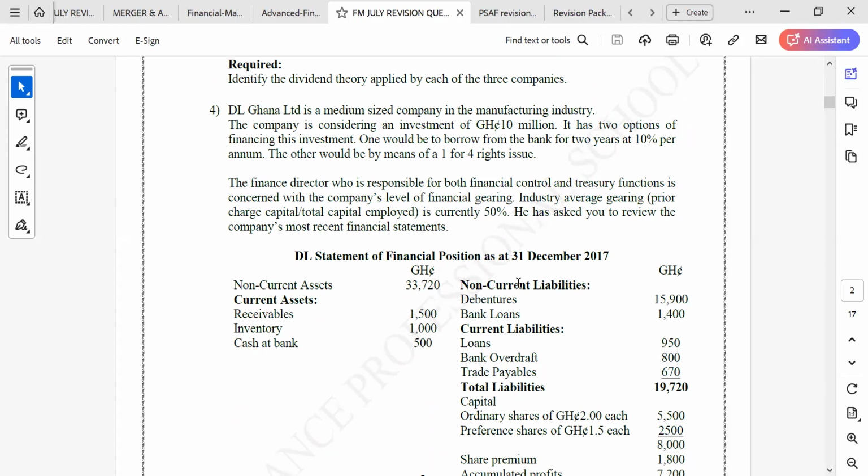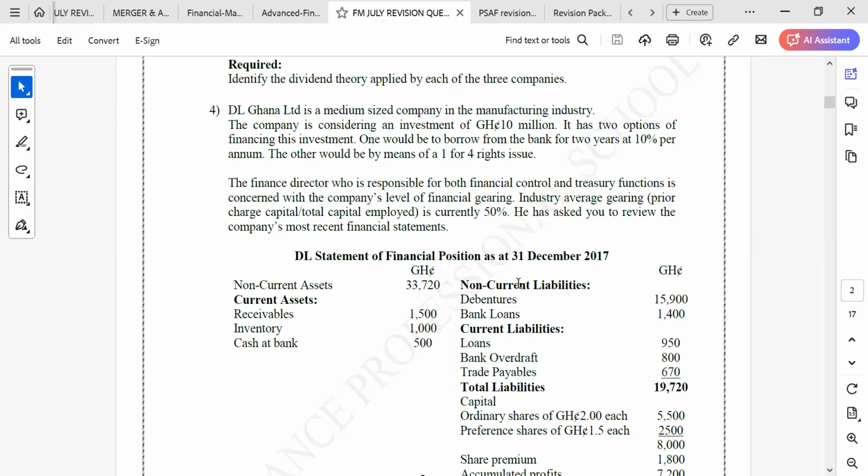Sometimes they will give you profits and ask you for the impact on the profits. You see that this particular 10 million will be coming with interest, for example 10%. So you are going to be paying 1 million interest at the end of every year, and they will ask you to calculate the profits before and after the investment.